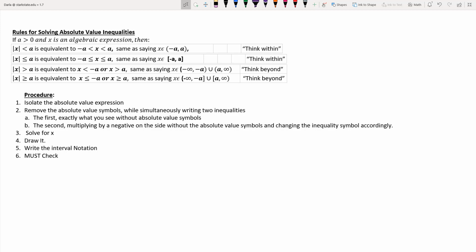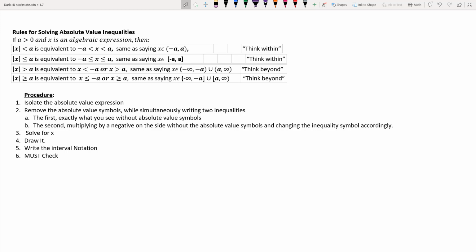It's bigger than negative a, but it's also less than a. So it's an and statement, it's an intersection of those two ideas, and you can think within for less than. If you have the absolute value is less than or equal to a, the only difference is you could equal a, and so that puts brackets on your interval. So you could have x being in between negative a and a.